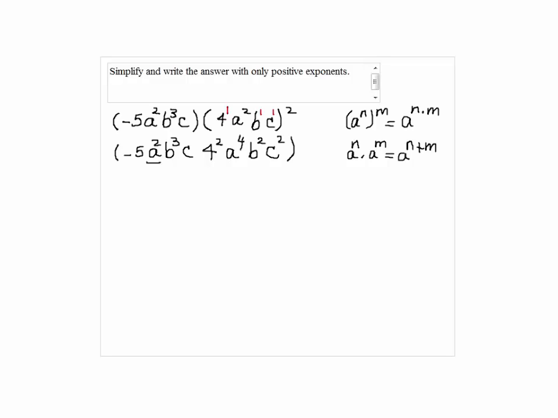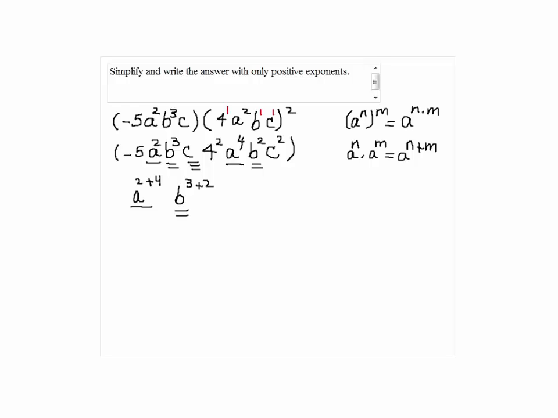Recall a to the power of n times a to the power of m is equal to a to the power of n plus m. So in this case, I have a to the power of 2, a to the power of 4 with the same base. So if I combine those two, I would get a to the power of 2 plus 4. And I have 2 with the same base, which is b.